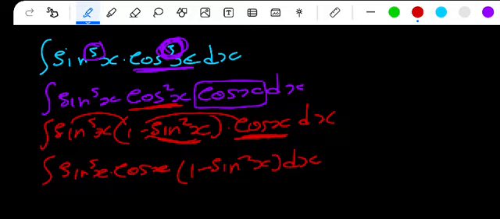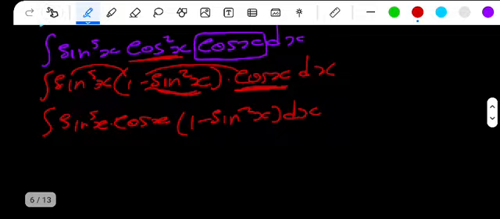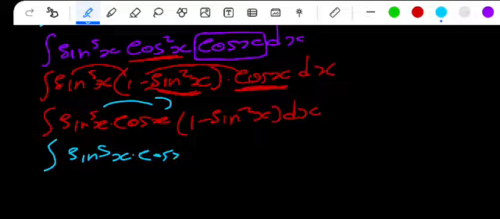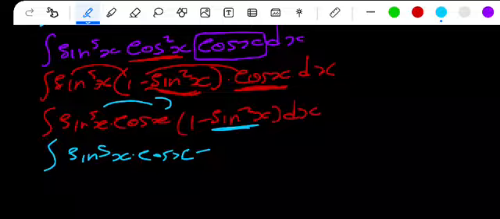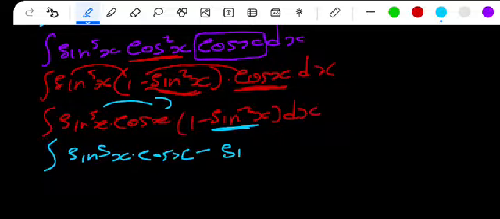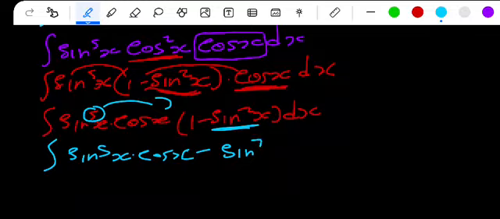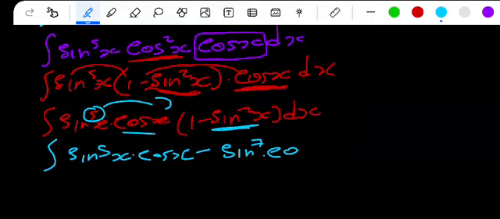Then we have this integral, distribute all of that: sine raised to the power of 5 x multiplied by cos x, then minus sine raised to the power of 7 x multiplied by cos x.